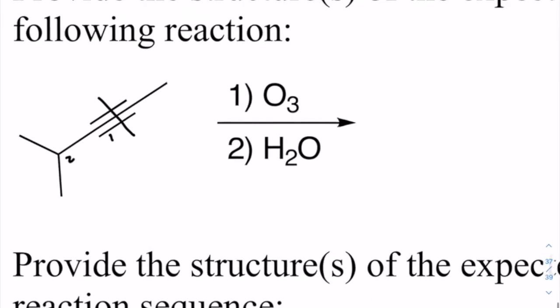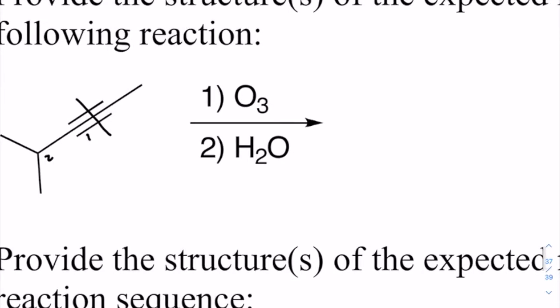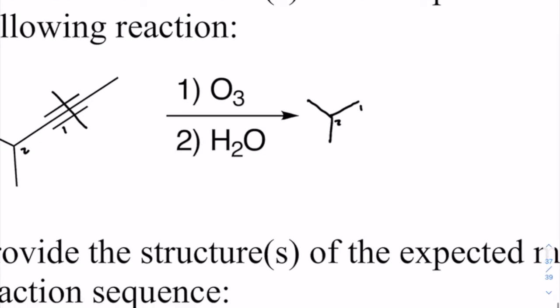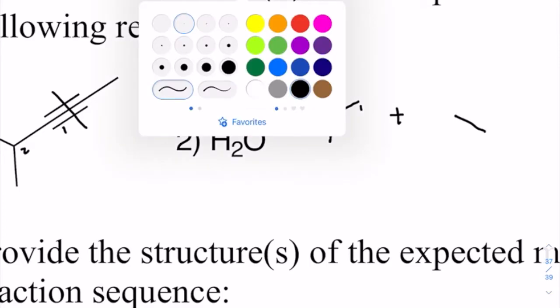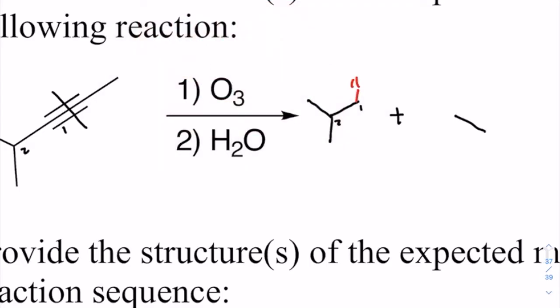So what that's going to look like is we're going to have carbon 1, carbon 2, and then a methyl group and a methyl group on one side, right? And then plus, we just have a carbon right there. And then we have to add the oxygen on, right? So we know the two hydrogens. There are two hydrogens right here.